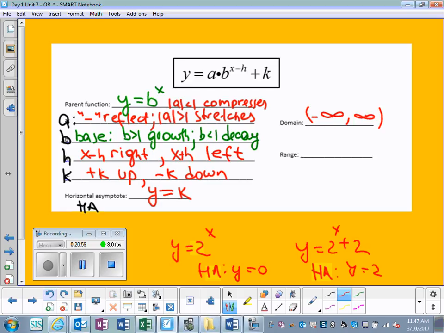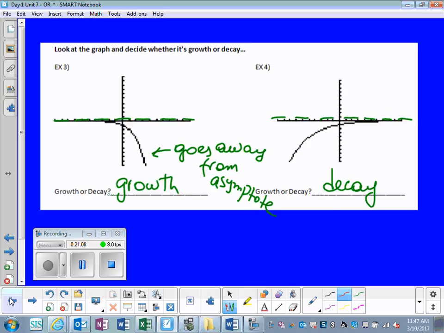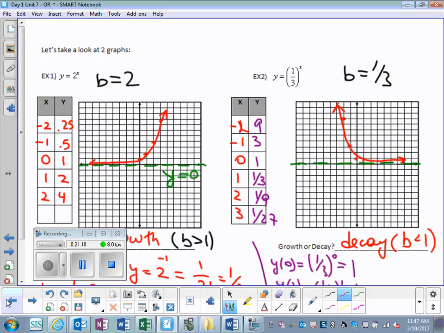What about the range? What do you think the range is? Everything except the horizontal asymptote. Yeah. So there is something about the horizontal asymptote, right? What is the range for the third example? Negative infinity to the horizontal asymptote. What about the first example?